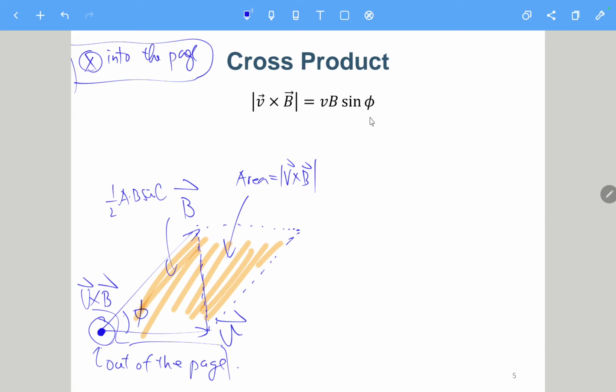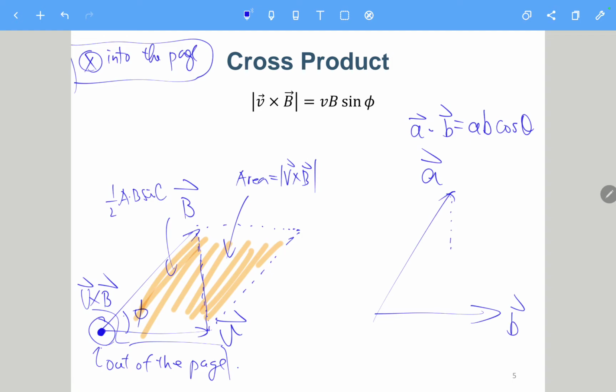Compare with the dot product. The dot product is a dot b equals a b cosine of theta. If this is vector A and this is vector B, it is like we project vector A onto vector B. We draw a line perpendicular to OB, and this is theta.